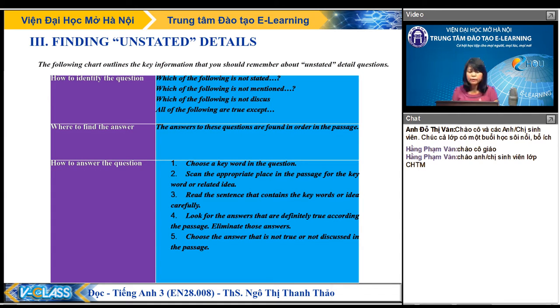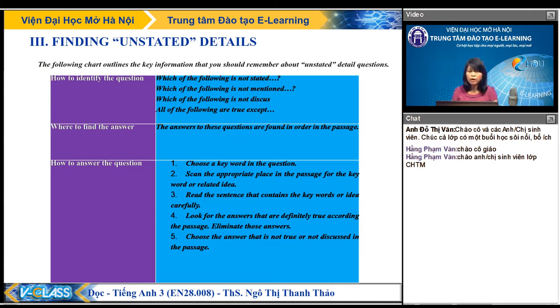Third one, read the sentence that contains the keywords or the idea carefully.